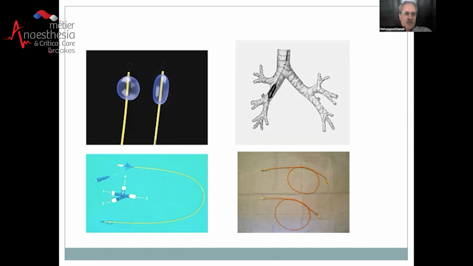The disadvantage of these blockers is that the deflation of the lung is very slow, and also you cannot suction out secretions or blood from that area. But the advantage is that it can be placed into a particular lobe or segment, and you can block that segment rather than blocking the whole lung as you do with double lumen tubes.